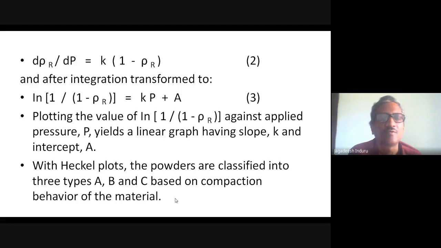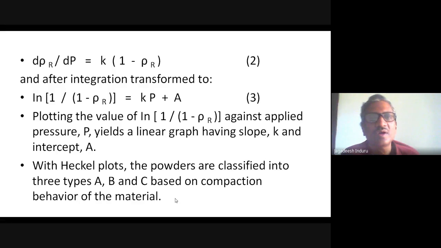If you plot natural log of 1 by 1 minus rho r on the y-axis and the pressure on the x-axis, you are going to get a curve. The slope of the curve is equivalent to K, that is the proportionality constant. The intercept of the curve is equivalent to A.